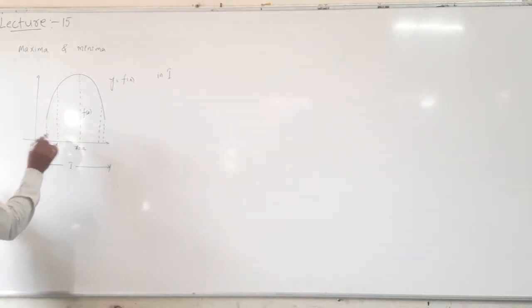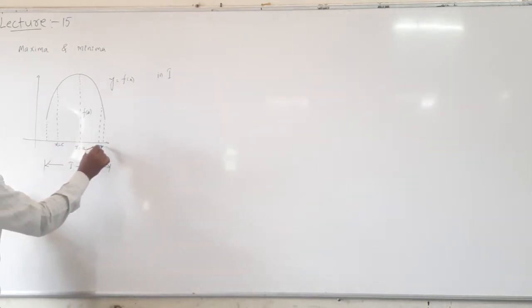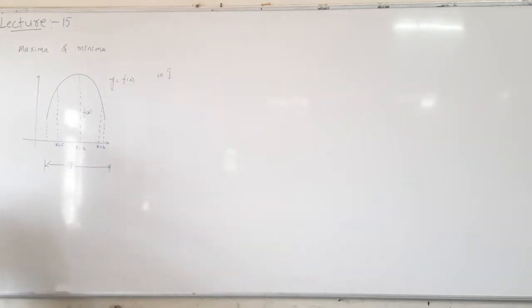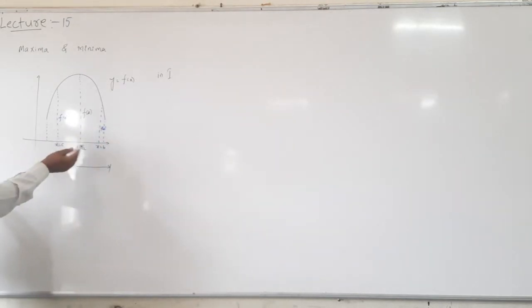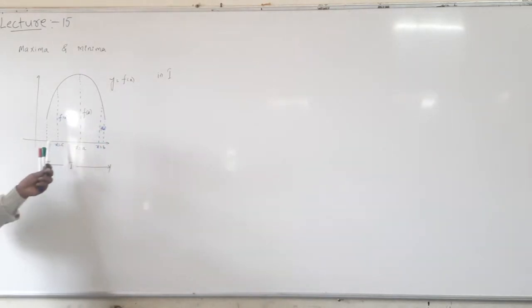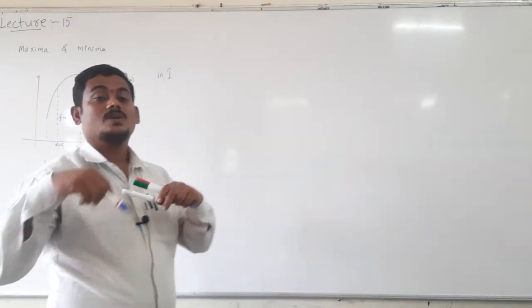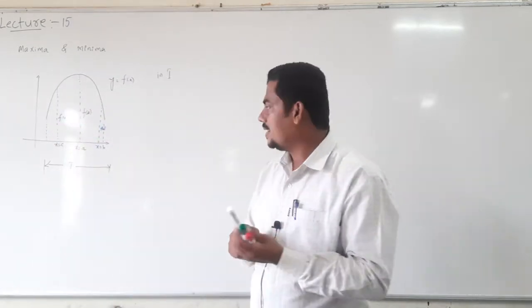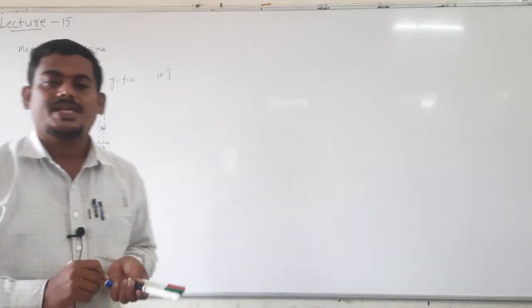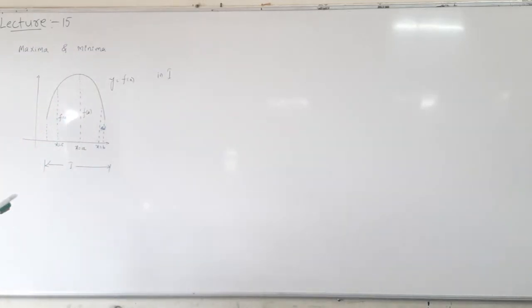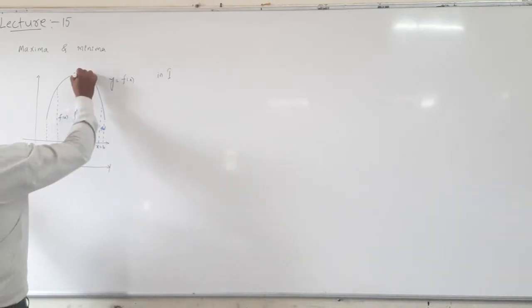This is at x equal to some value c. This is at x equal to some value b. Clearly all the functional values, f of c, f of b, are less than f of a. Then we can say that f of a is the maximum value of the function, and this x equal to a is known as the point of maxima, right?